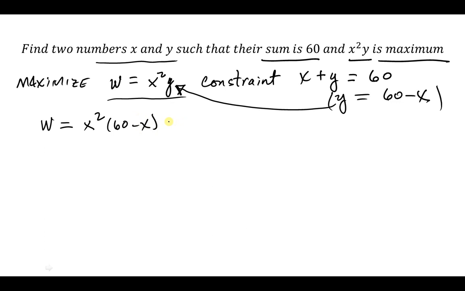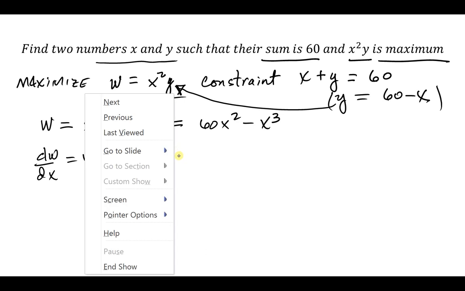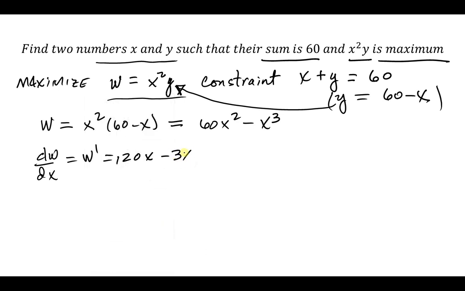And so now we get that w, which is a function we want to maximize, is going to be 60x squared minus x cubed. And now we take dw/dx, w prime, is 120x minus 3x squared equals 0.